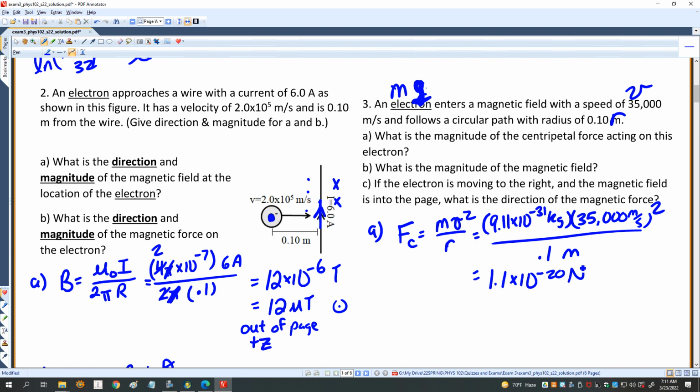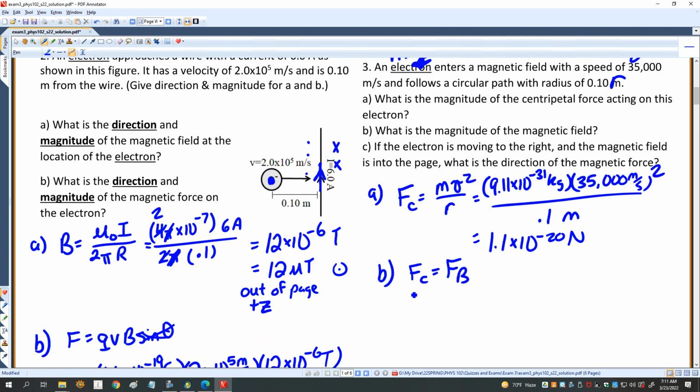Now, I want to know the magnitude of the magnetic field. So remember, this centripetal force is provided by the magnetic force. So I have 1.1 times 10 to the minus 20 is equal to Q times V times B. I can solve for B: B is 1.1 times 10 to the minus 20 divided by Q times V. Q is 1.6 times 10 to the minus 19, and V is 35,000.